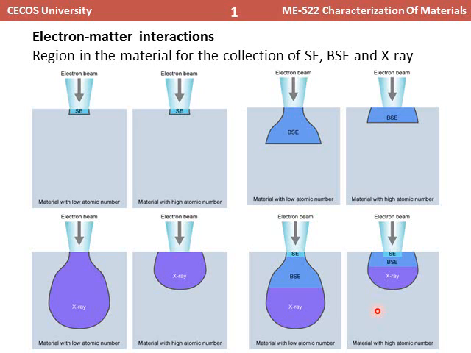The last point that I am going to emphasize is that this penetration, either in case of backscattered electron or the X-ray, is the pictorial representation. This does not mean that the high energy electrons are so powerful that they penetrate throughout the bulk of the specimen.